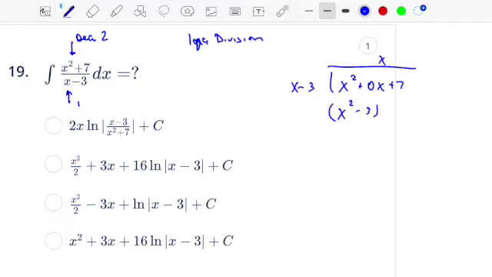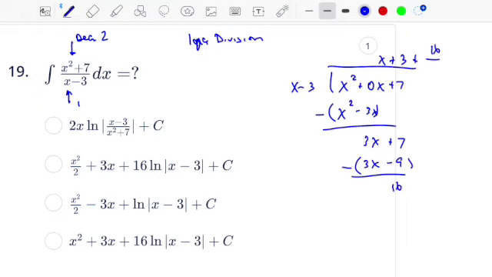Subtract, it cancels. We have 3x plus 7, that's going to give us plus 3x minus 9, so that's 16. So plus 16 over x minus 3. This is the integral of x plus 3 plus 16 over x minus 3.